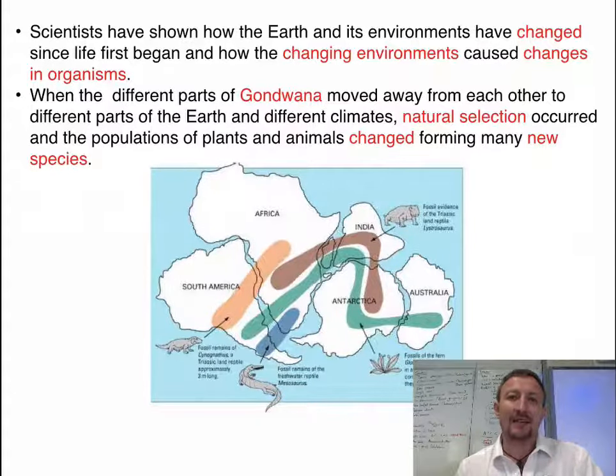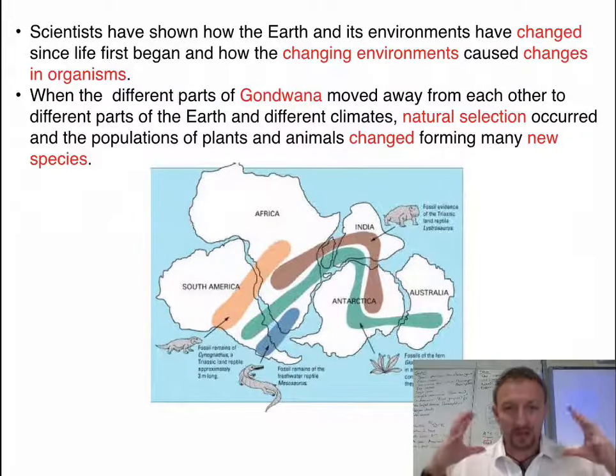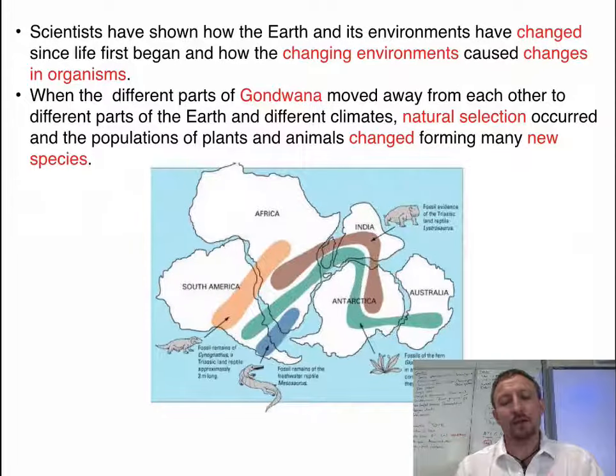Now, you may get things like the Cayman crocodile, which has basically got that very, very long, narrow snout, whereas if you look in Australia, we've got the freshwater crocodile, which has got that big head. Now, basically, there has been some evolution that's occurred there, but they would have come from the same ancestor. So by looking at different areas of the world, looking at their fossils, we get the ancestor, and then being able to extrapolate from the ancestor, we're then able to say, well, maybe this organism came from here.